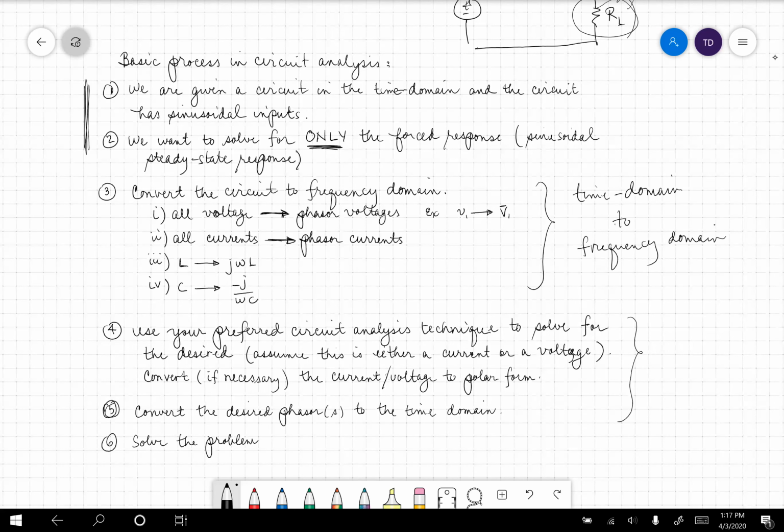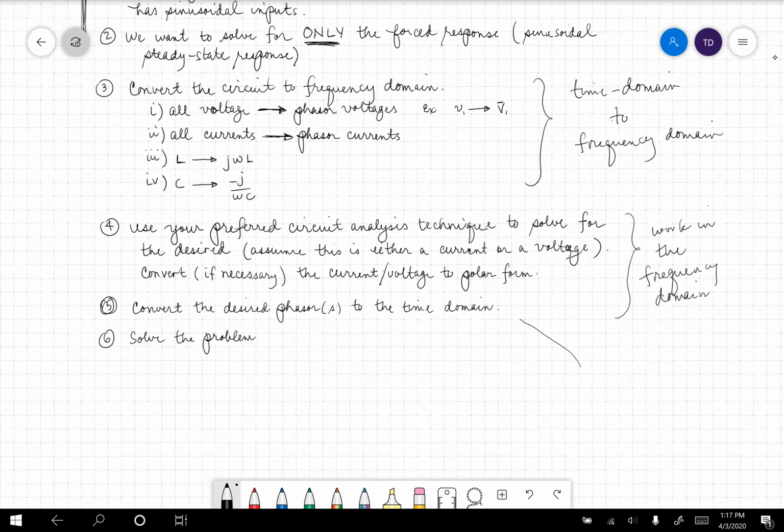I do all my work in the frequency domain. Why? Because it's easier. Then here, convert back to the time domain.